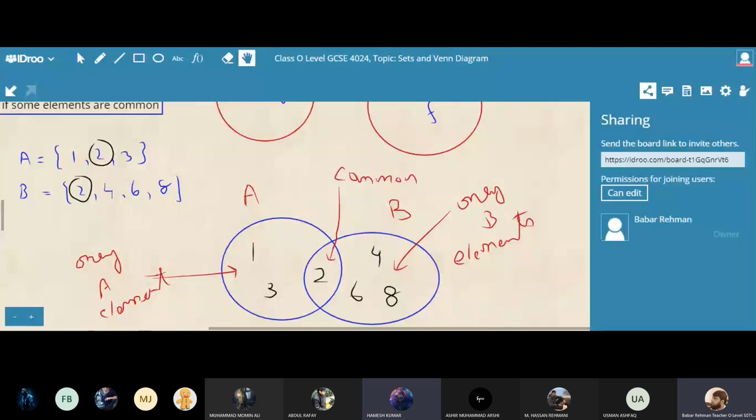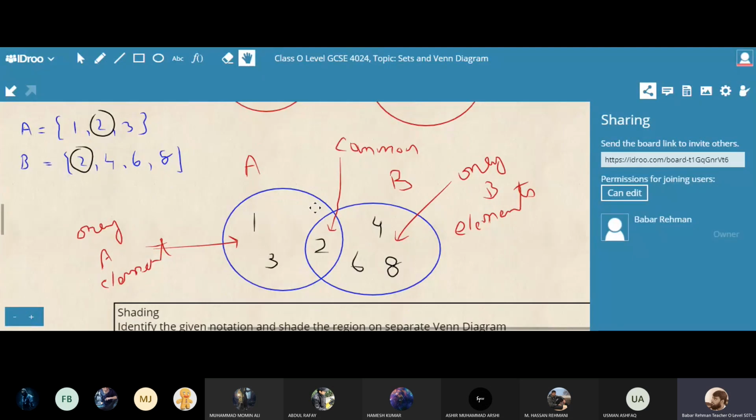We can make one circle and conjoin it with the other circle, so we can put the common elements in the middle and the different elements on the sides. Okay, hope you have drawn this.